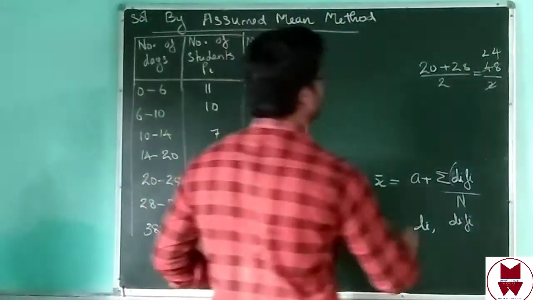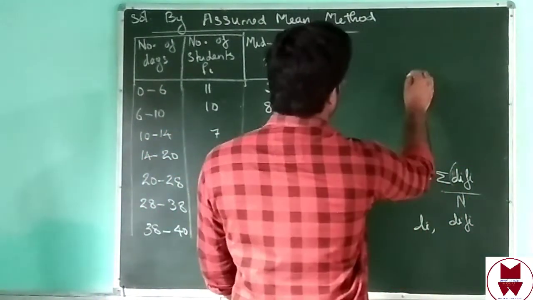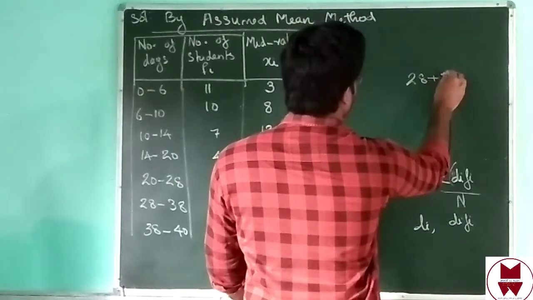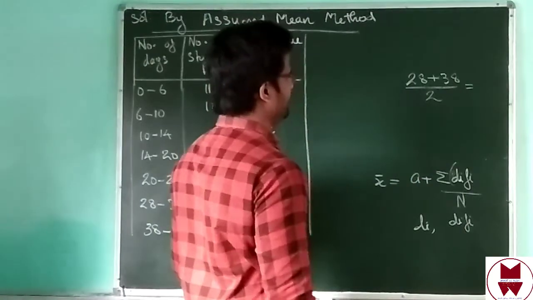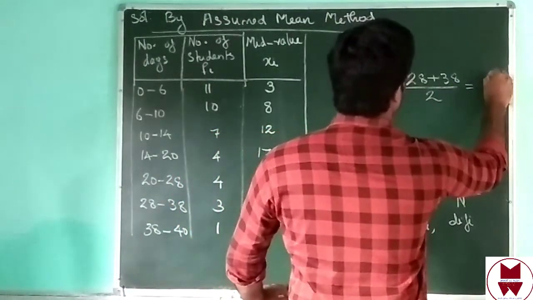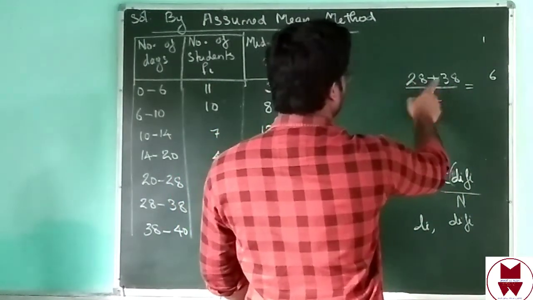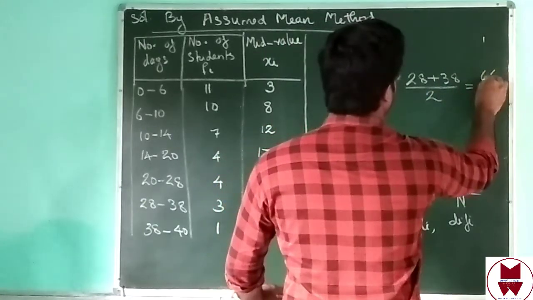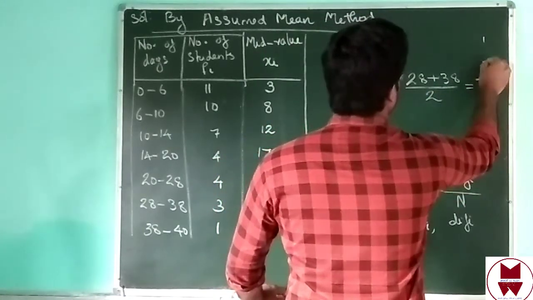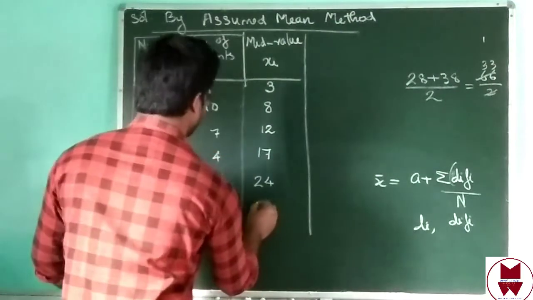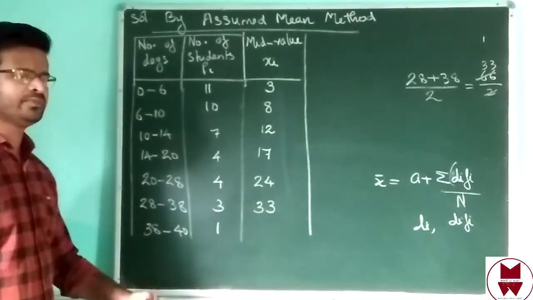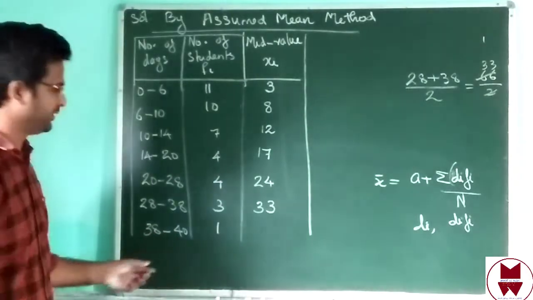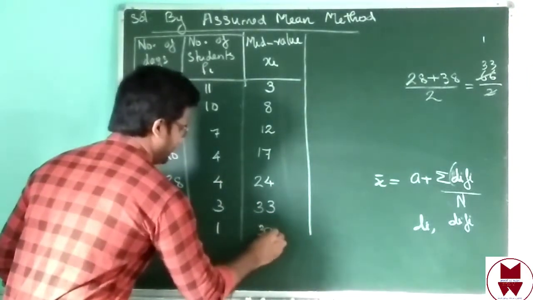In between 28 and 38, which number? 28 plus 38 is 66, divided by 2, cut it, 33. Then 38 and 40, very easy, 39, isn't it?